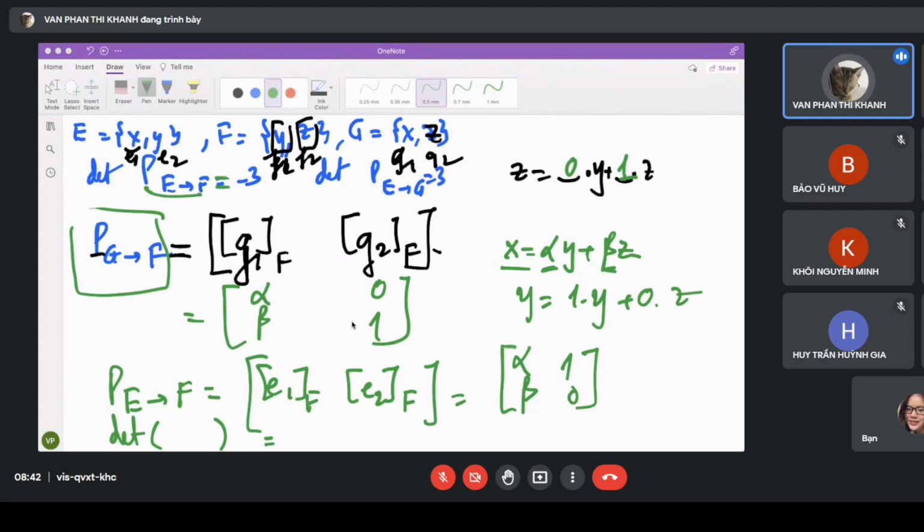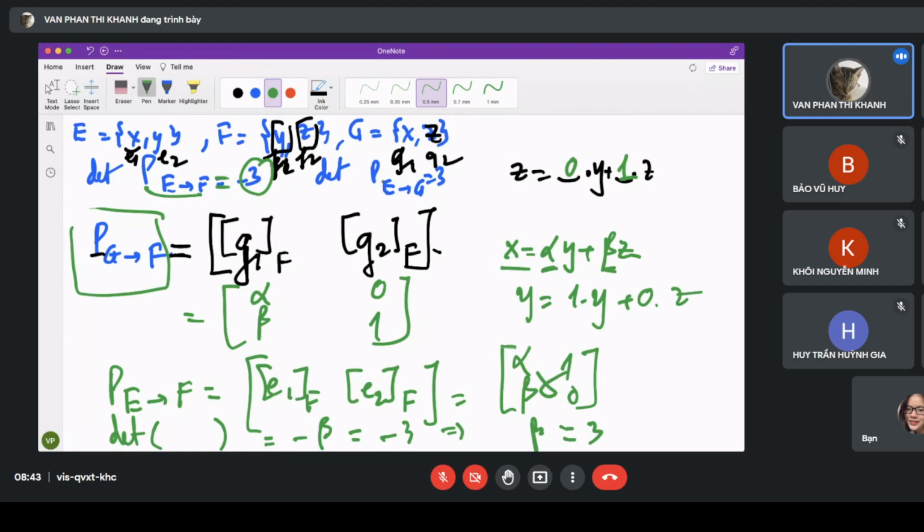You find the relationship between x, y, and z using the determinant, and you have to write all the information that you have here. So the determinant of this matrix, what is it? It's minus beta, and given that it is -3, it means that you can find beta. So beta here is 3, right?